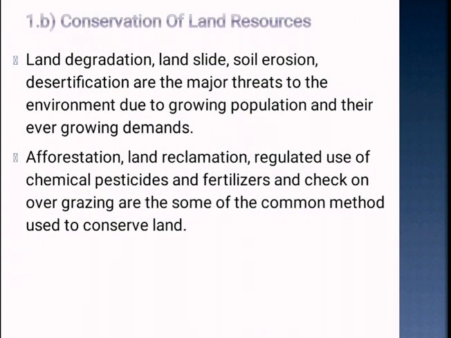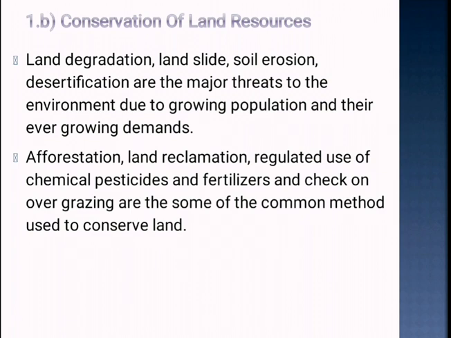Next, we need to discuss the conservation of resources. The growing population and their overgrowing demands have led to the large-scale destruction of the forest cover and arable land, and have created a fear of losing these natural resources. Therefore, the present rate of degradation of land must be checked.